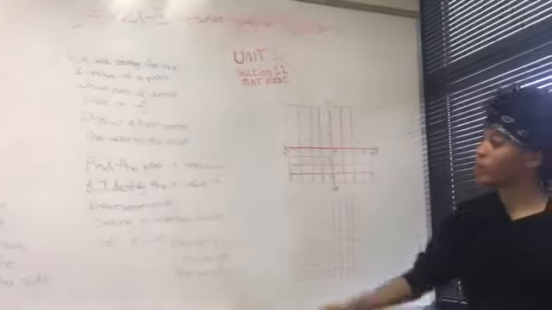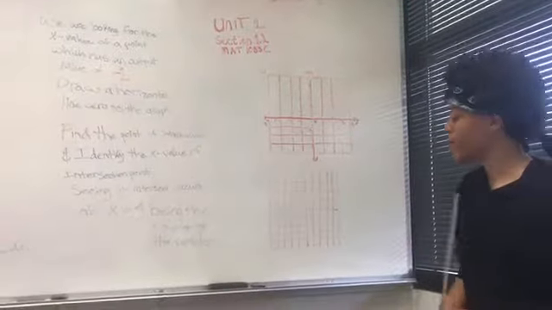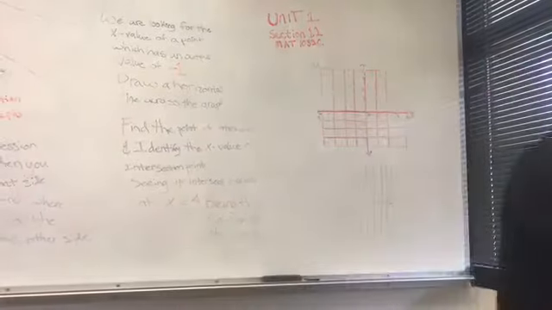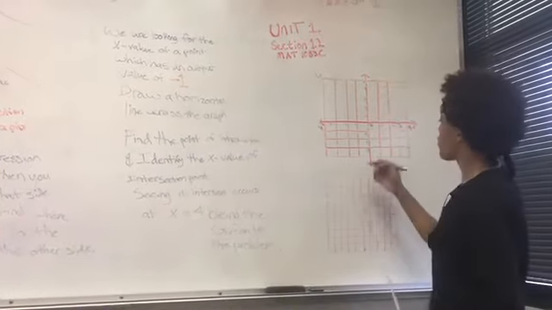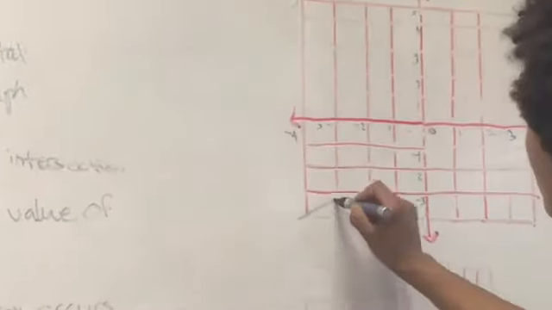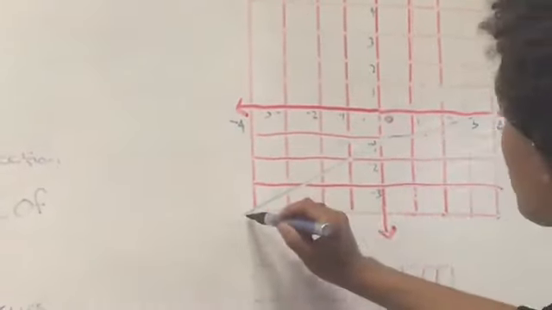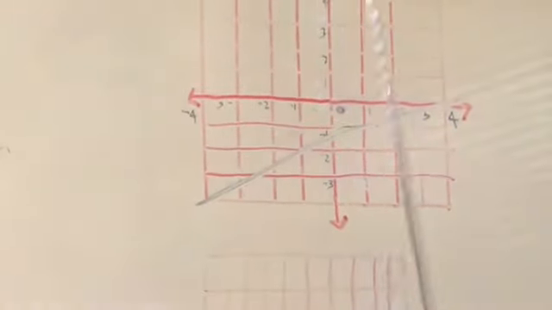To find it, you have to draw a horizontal line across the graph, which we have not done yet. You have to draw the line through the graph. This marker is kind of bad. Hope you can see that.